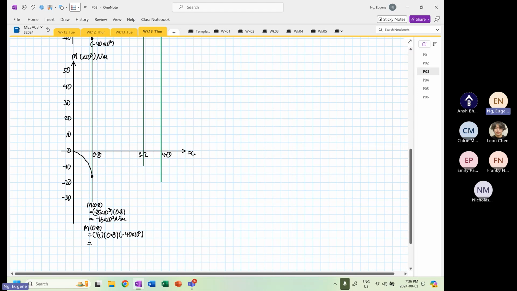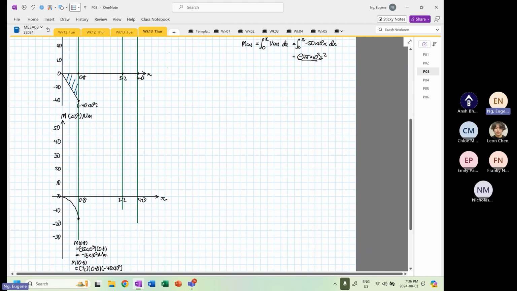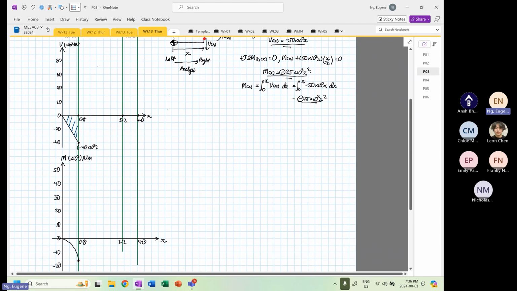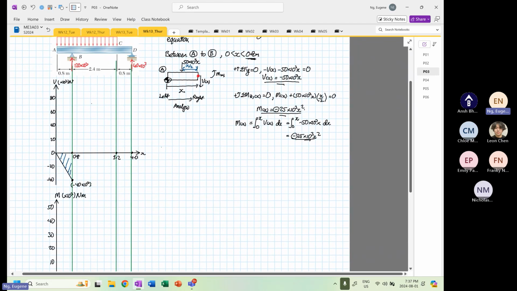So this will be equal to 0.5 times 0.8 times 40. So it's also equal to minus 16 times 10 to the power 3. So you can see the relationship between shear force and bending moment diagram. By taking the area, you get the moment. Or mathematically, you can just integrate, and you also get the same.